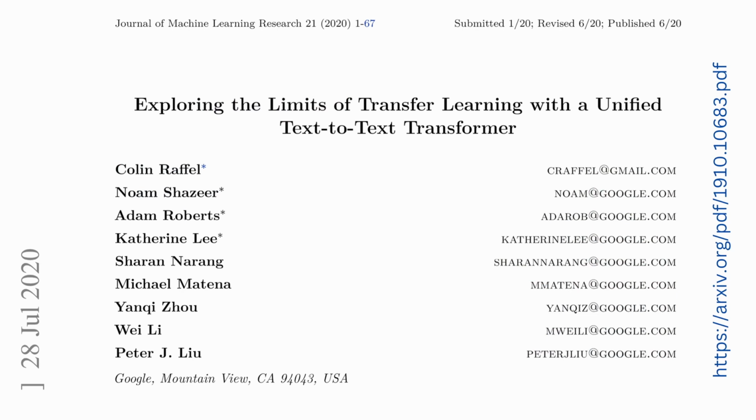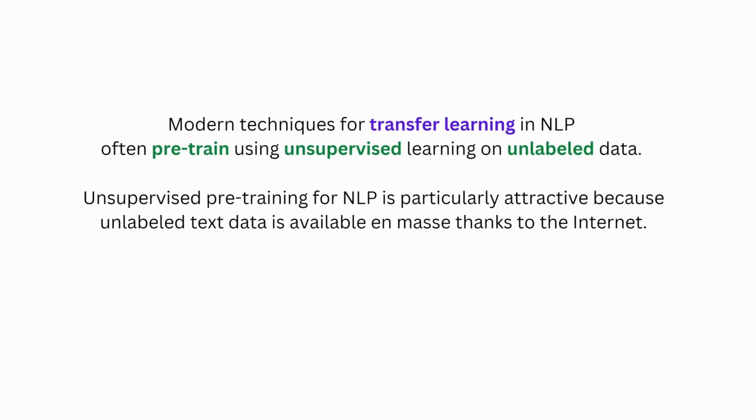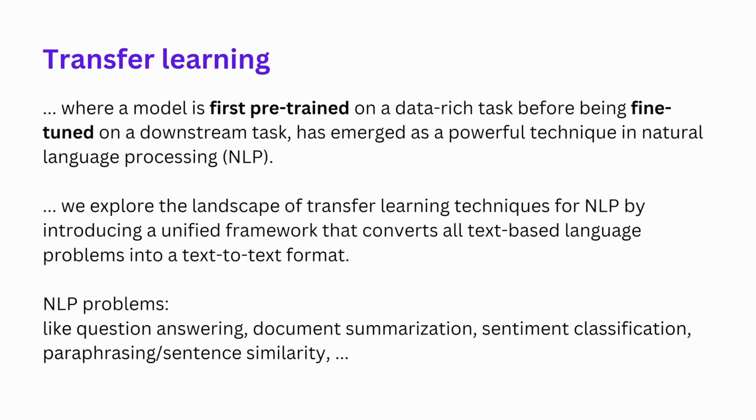Now, in July 2020, we had the publication by Google about its T5 architecture and their ideas behind this in a preprint publication. They focused specifically on transfer learning in natural language processing, and they say we often have this pre-training part on unsupervised learning and unlabeled data, that we have so much data free from the internet.